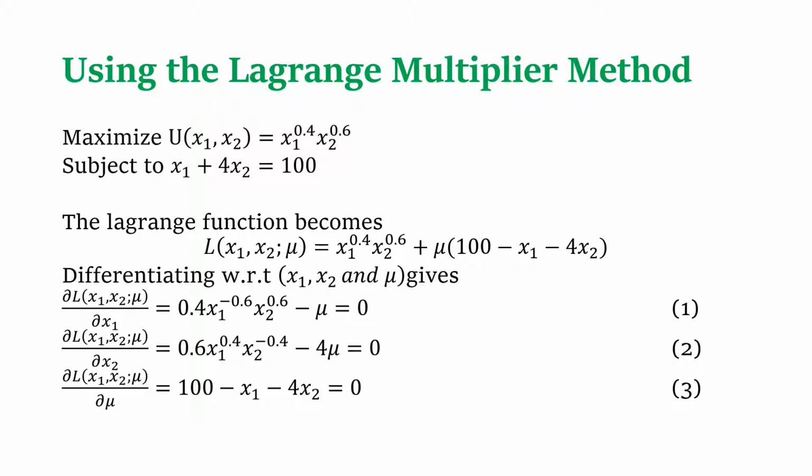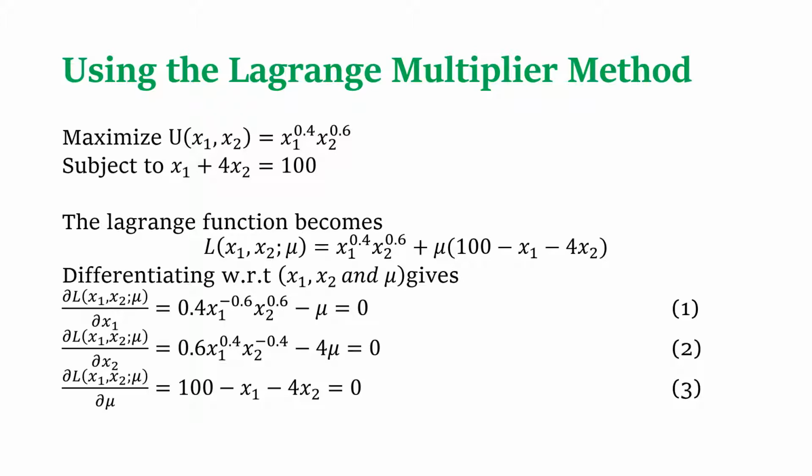Now, as I said earlier, the Lagrangian function has both the utility as well as the budget constraint. It has both the objective function of the consumer as well as the budget constraint. Now remember, this is the science of constrained choice.